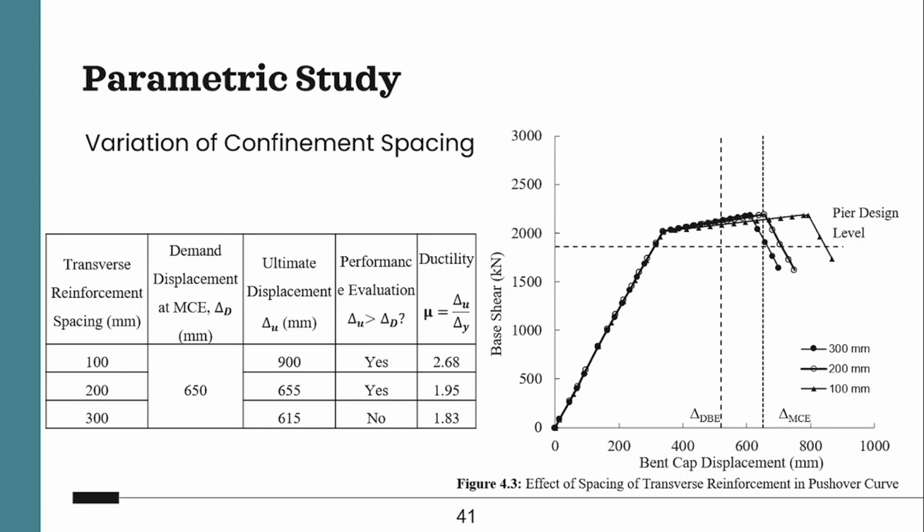Then we varied the confinement spacing, and we found that when we provide closely spaced reinforcements, our ductility increases. If we provide the same level of spacing as the other part of the structure, we don't find much ductility, and the performance level is not satisfied. But after providing 100 millimeter spacing, we find that the performance is satisfied.